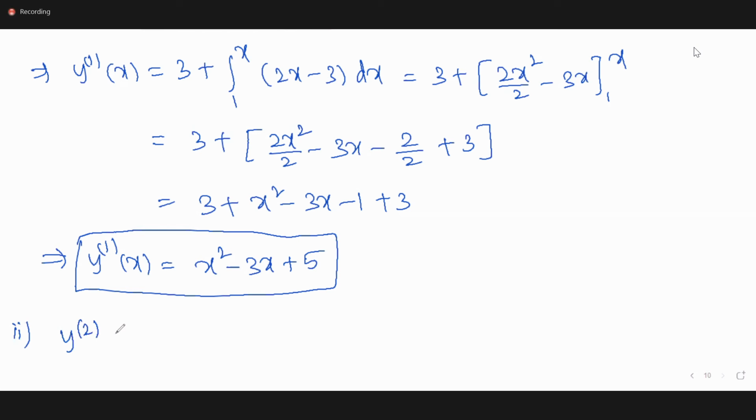Second, y2 of x is equal to y naught plus the integral from x naught to x of f of x comma y1 of x dx. Find only approximations.